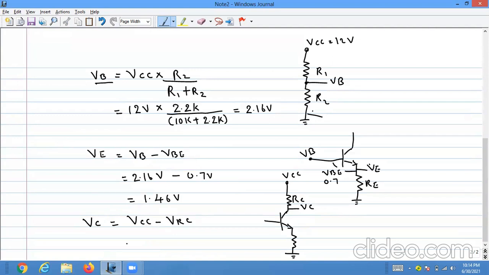We can convert it using Ohm's law, V equals I into R. So VRC will be equal to the collector current IC into RC. Here we don't know IC, so we need to find the value of IC.